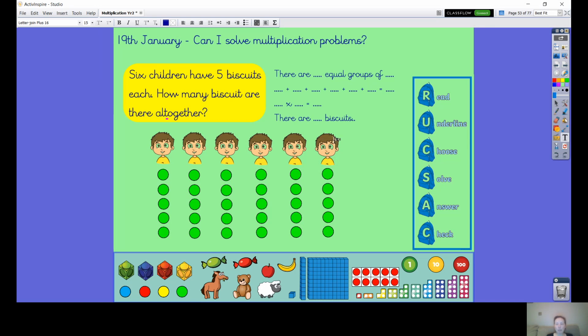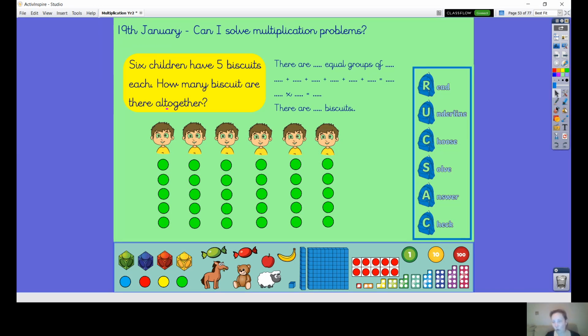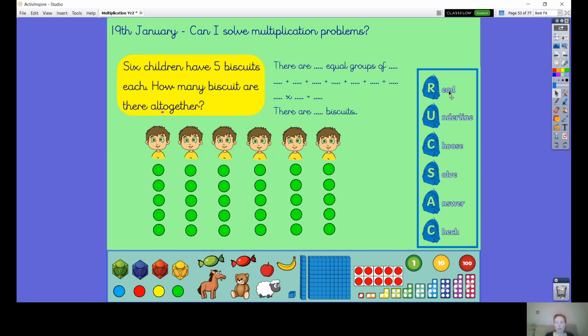And before we look at the problem bit over here, I'd like to introduce you or remind you of rucksack. So if you haven't used it before, let's go through it. We've got R is for read. So that's reading our question, that's in our yellow box today, really carefully. We're then going to underline important information and understand it.